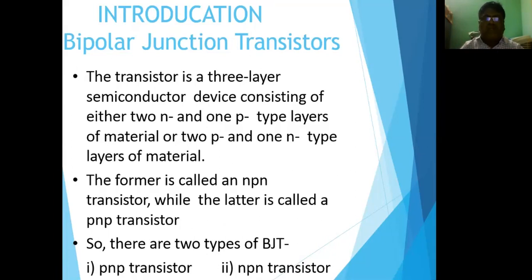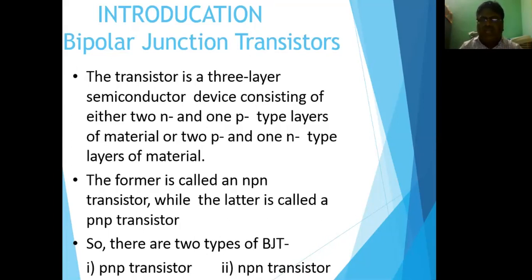My dear students, please try to understand why, because this is the basic component in electronics. Diode is a basic component. After that, transistor. After transistor, FET. After FET, CMOS. So there is a link between them.